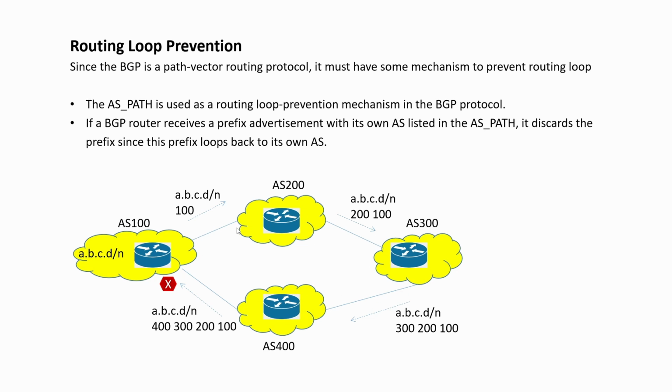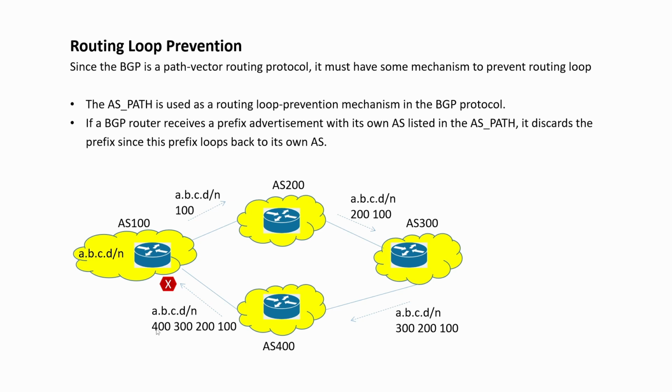So that is what a loop means. The BGP basic loop prevention is that if the router sees its own AS in the AS path, it will block these routes. For instance, AS100 receives the route from AS400.